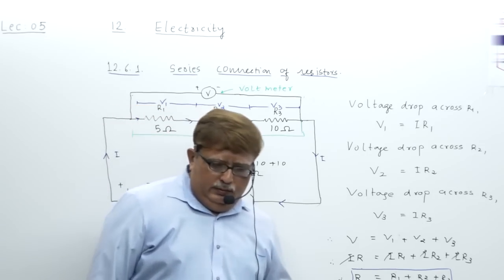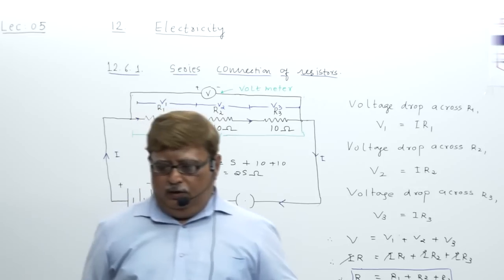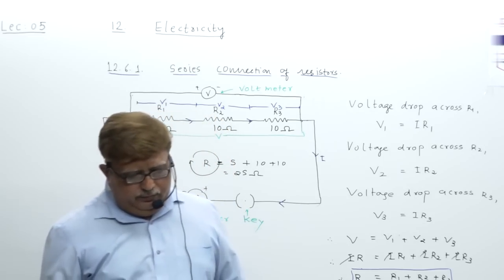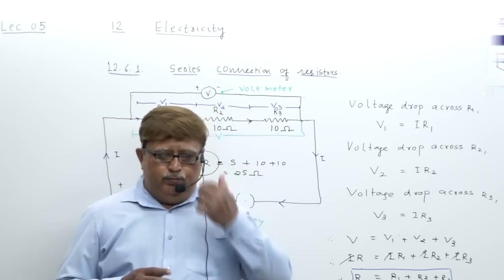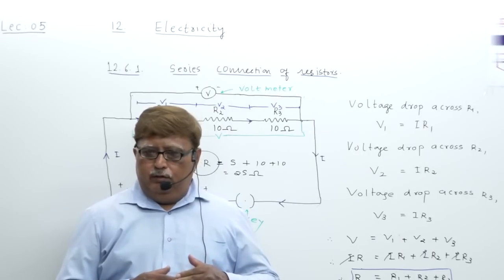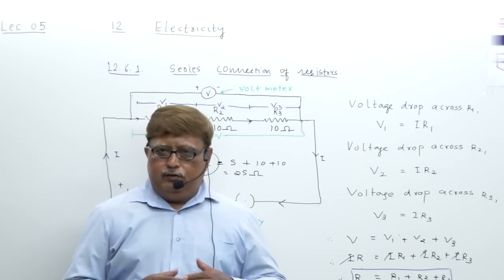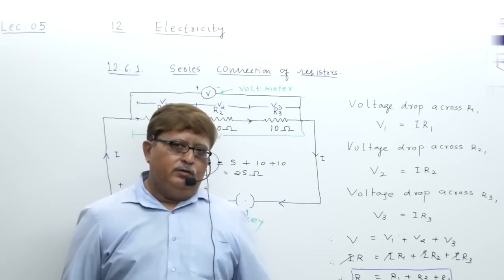Suppose if they ask a 3 marks question, write properties of series connection, how will you write?